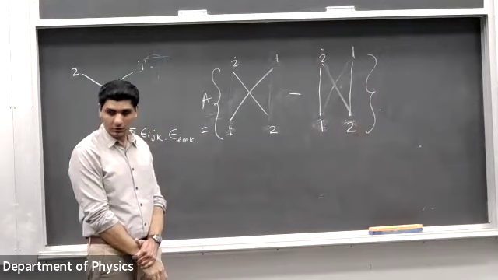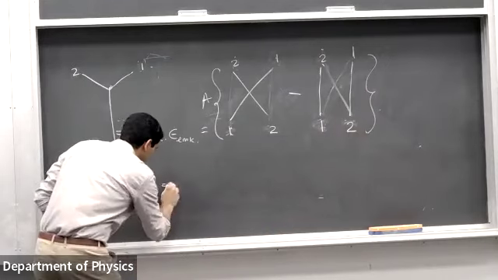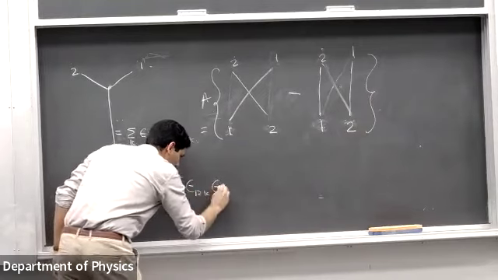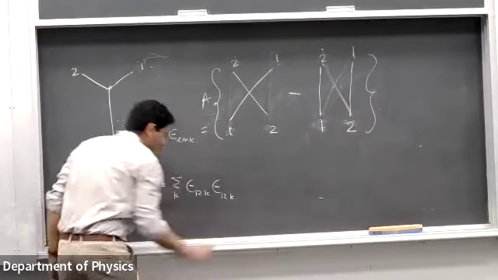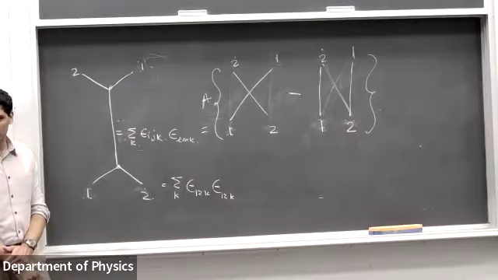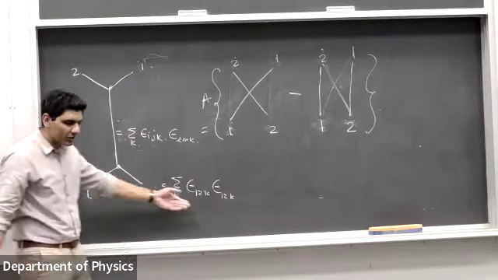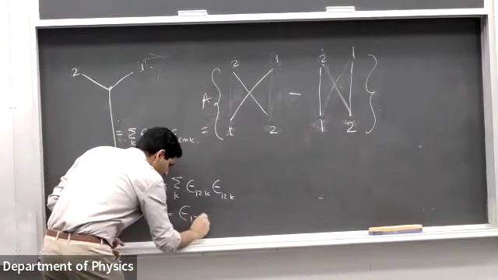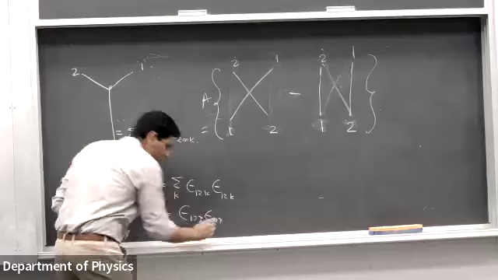Fair enough? So what I've done is on the left-hand side, I've written epsilon 1 2 k, epsilon 1 2 k. The only non-zero term in this sum is epsilon 1 2 3, epsilon 1 2 3.